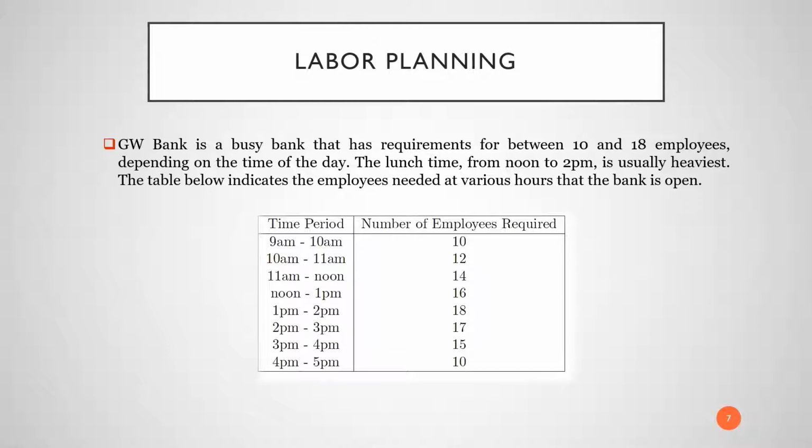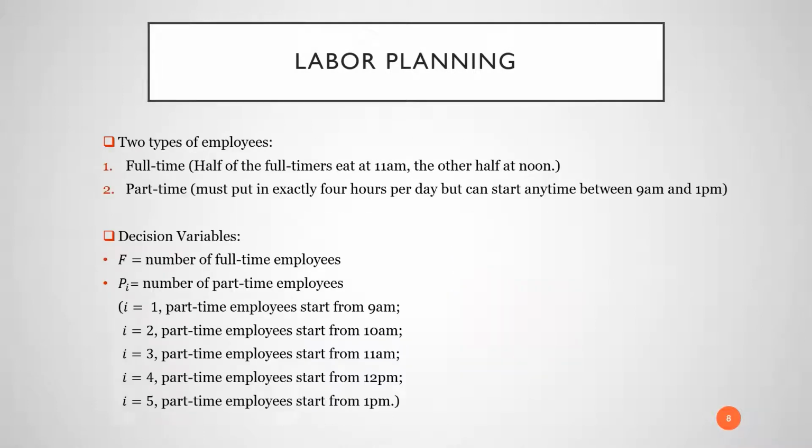As you can see, we have the number of employees required in each period. This is one of those limitations that I was talking about. And what we will do is we split the full-times into two groups. So I have two types of employees, the full-times and the part-times.